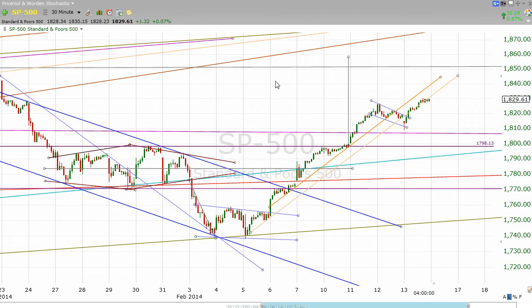Pretty strong. But I'm thinking, well, if this broke, then why did we break and then just relentlessly keep climbing up today? That's not really what one would expect. You would expect you break, you struggle to touch this line, and then you start heading back down. So I have to look at this as objectively as I can and say to myself, maybe the markets are right and my lines are wrong.